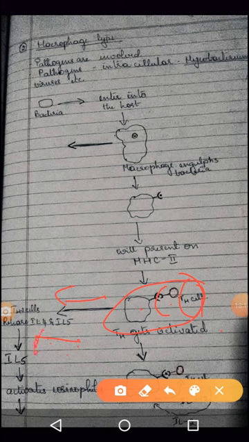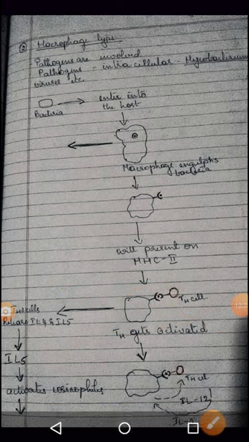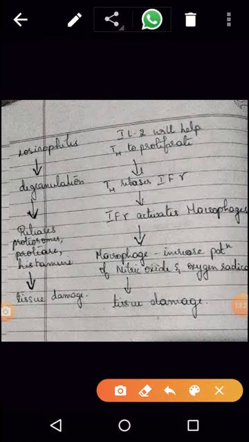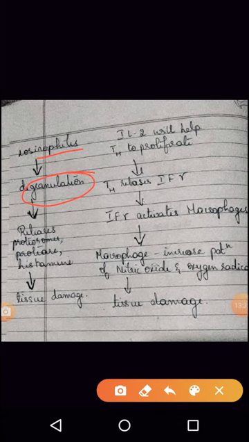What will interleukin 5 do? It will activate eosinophils. Now you very well know the activity of eosinophil, isn't it? Interleukin 5 will activate the eosinophil. Interleukin 4 will result in the degranulation of eosinophil. What is there in the granules of eosinophil?